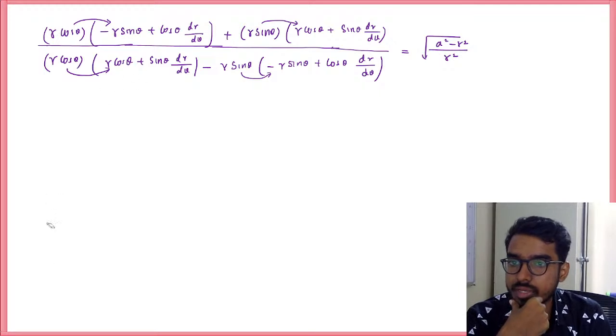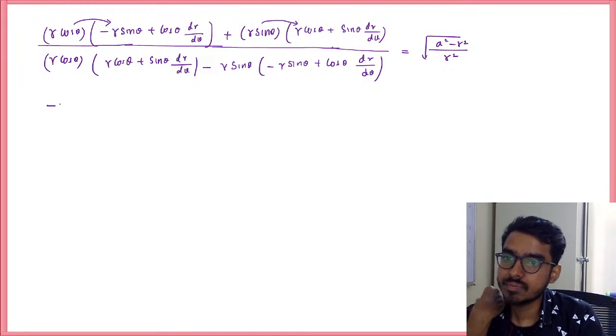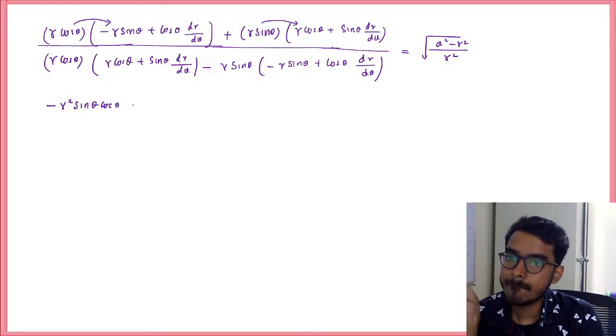Okay, let us do it step by step. If I multiply this, we will have minus r square sin theta cos theta plus r into cos square theta dr by d theta.